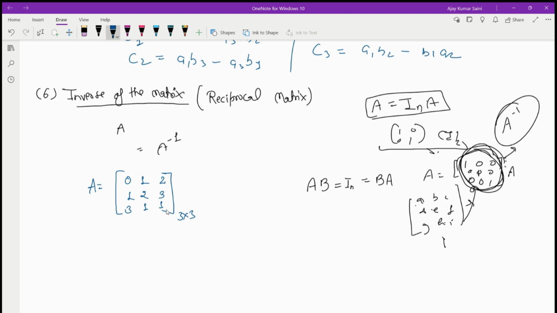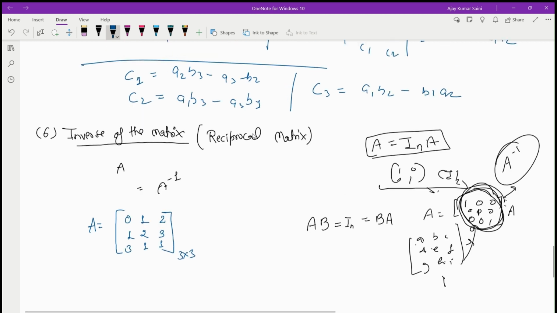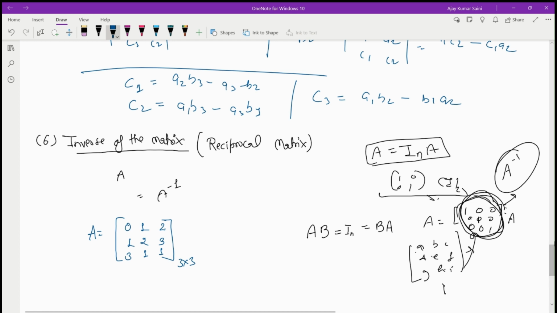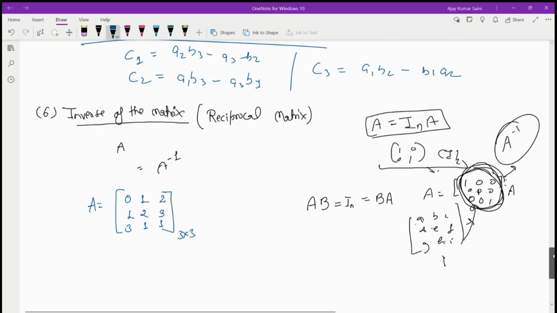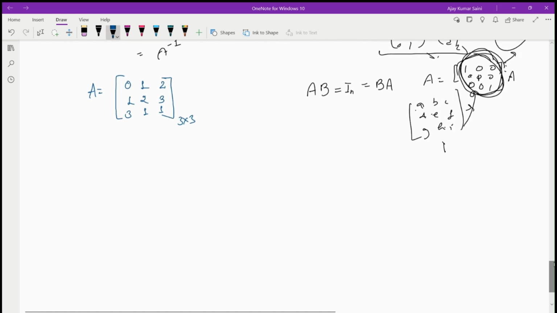Now I need to find the determinant of this matrix. I will also describe how I find the determinant of the matrix. It is very simple. For finding the determinant of the matrix, I use this.